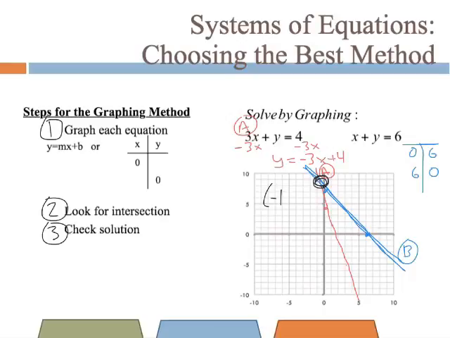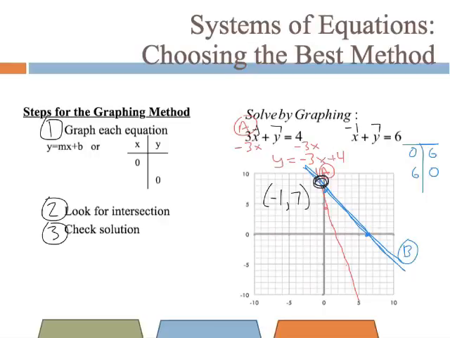So negative 1 for x and 8 for y does not work in that second equation. Negative 1 and 7 would work though. So let's backtrack a second, see if we make that a 7, if that works in both equations.